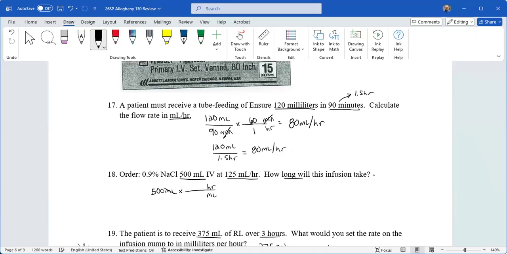Before I do any math, I make sure that whatever I have set up, I will be in time. It could be hours, could be minutes. Then I look at my conversion, 125 milliliters, 1 hour. So this will take us 4 hours.